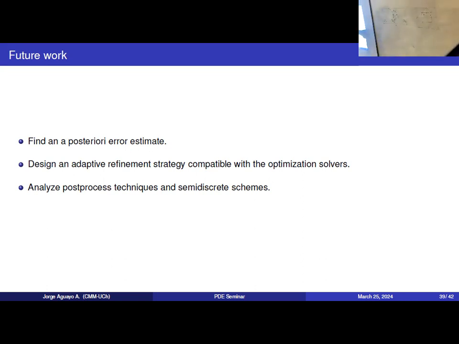And of course, we need to analyze optimization techniques and semi-discrete schemes. The idea about the optimization technique is we have the continuous problem and the discretized problem. We discretize and optimize. But in some sense, we can optimize and after that discretize the problem in the optimal control setting.